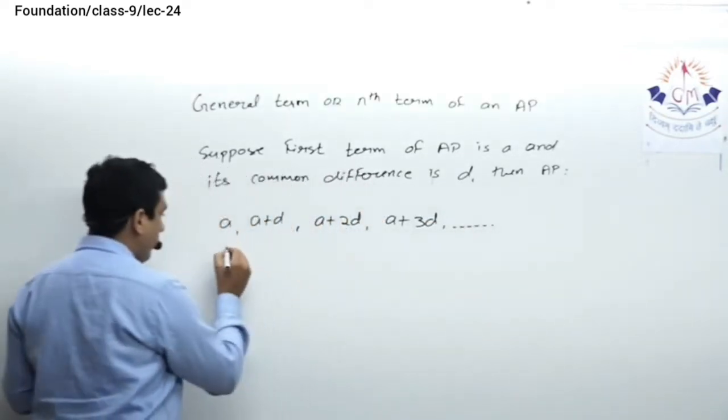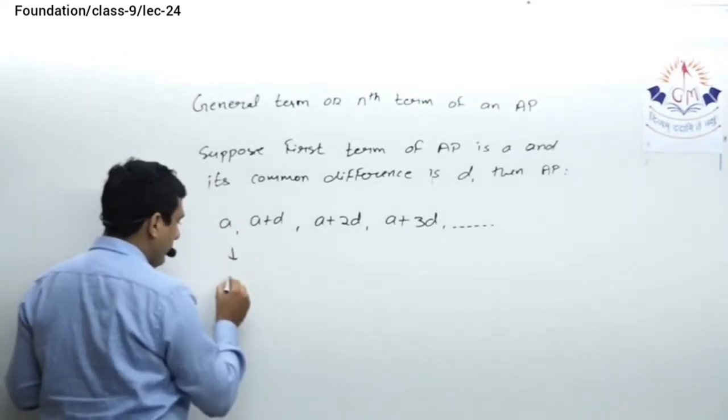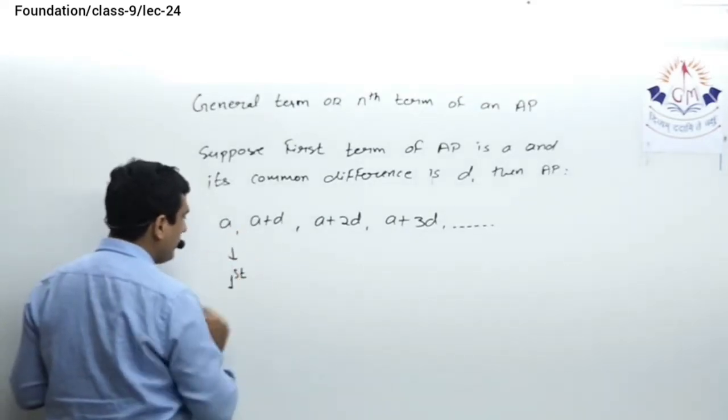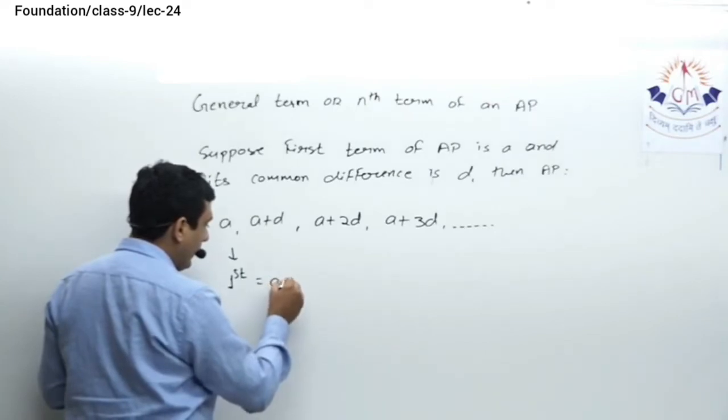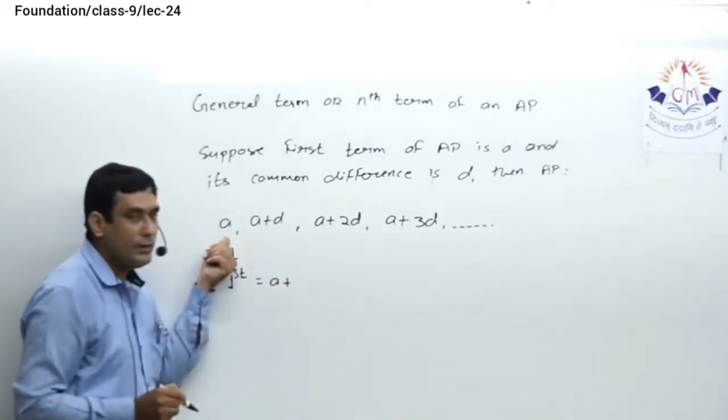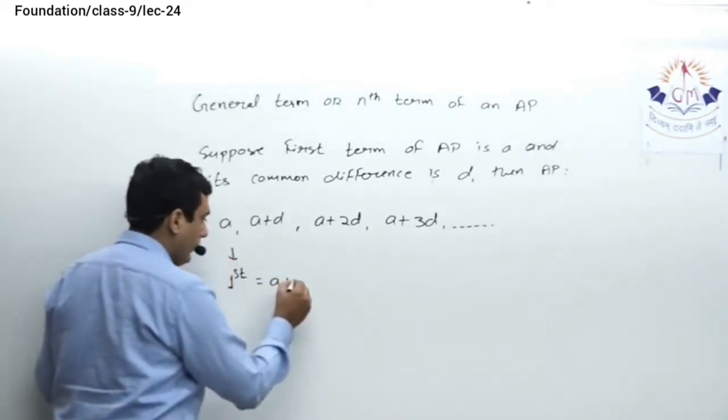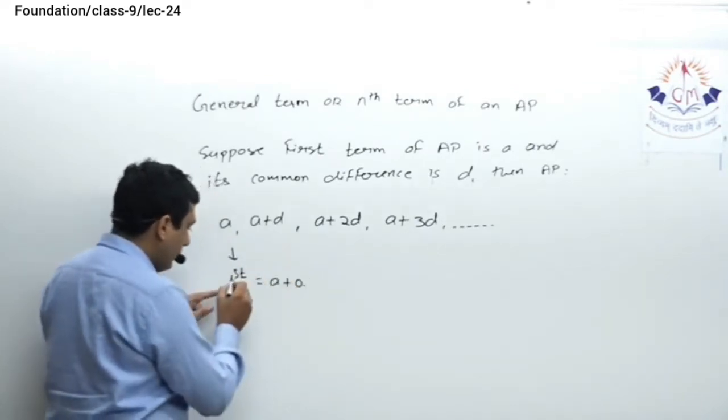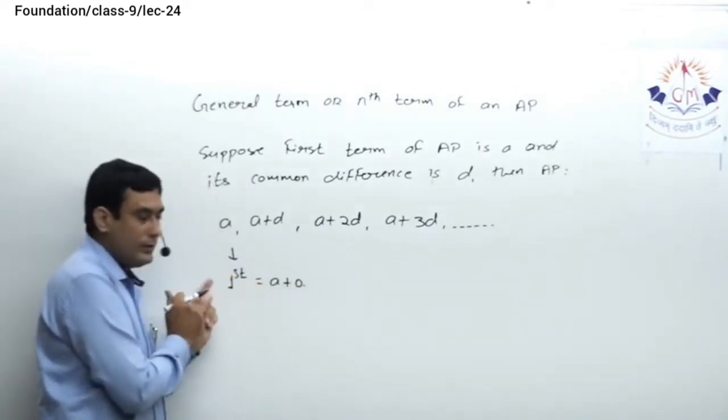Now see, this is the first term. So this is A, and the coefficient of D is 0, that means 1 less than the position of the term.